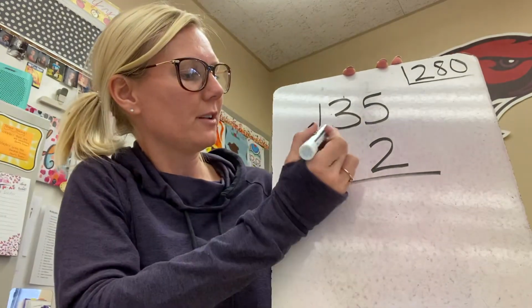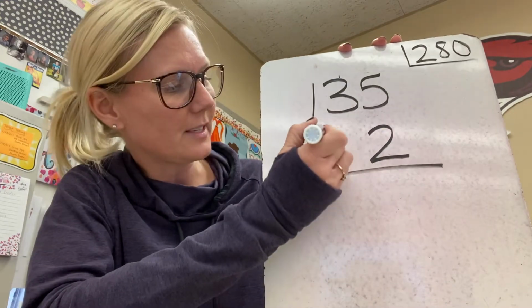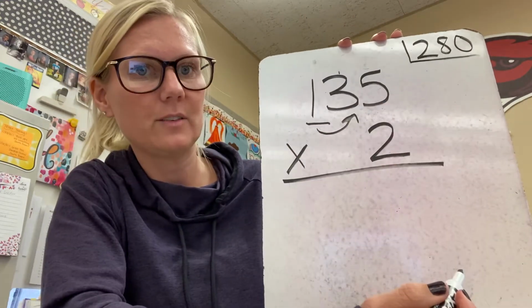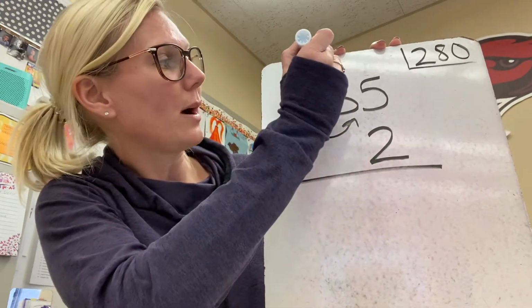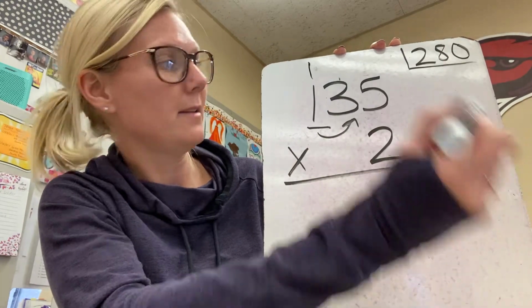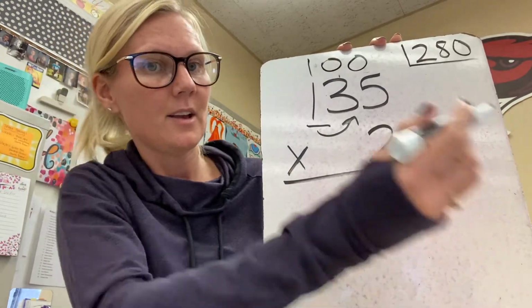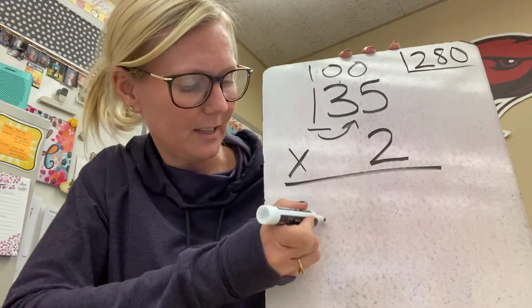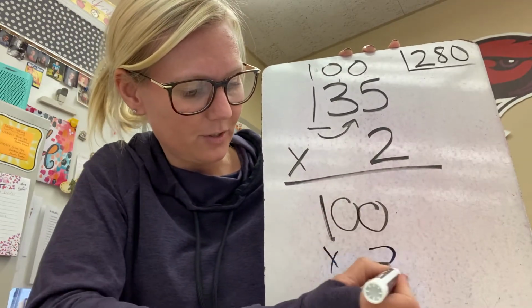Okay, so I'm going to think about the hundreds place. If I round to the nearest hundreds place, I look to the neighbor, so the 3 is what I look to. The 3 tells the 1 to stay the same, so I'm going to keep the 1 as a 1, and everything behind it becomes a 0, remember, okay? So 135 rounded to the nearest 100 is just 100. And then I'm going to take that times 2.